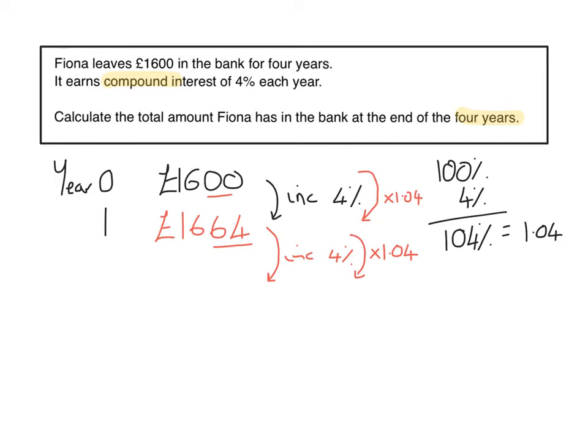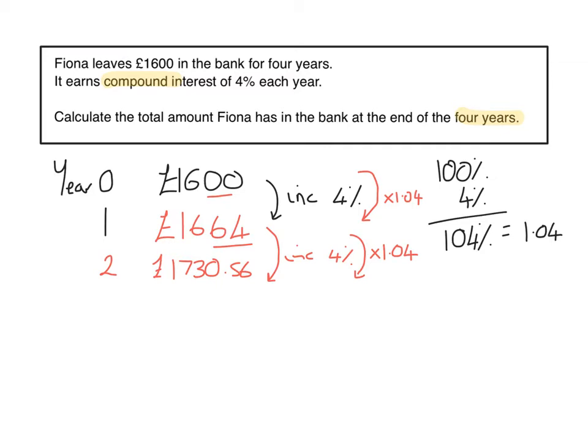And you get £1,730.56. That's for year 2. So you can see we haven't added on £64 because what's been added on is actually 4% of that new amount. 4% of 1,664 has been added on, not 4% of 1,600.